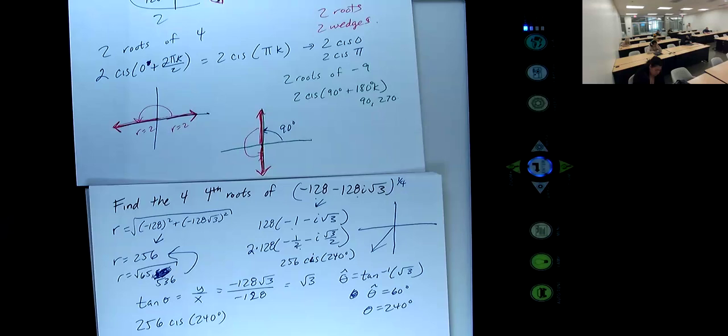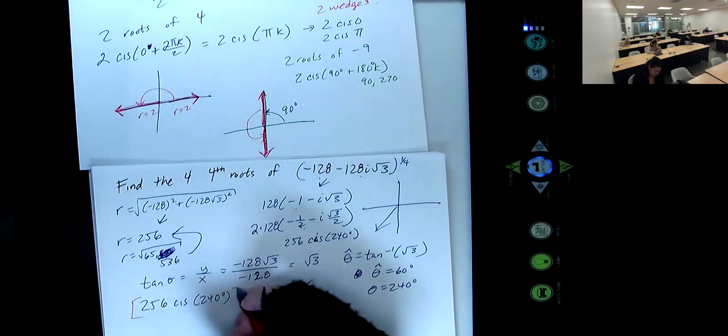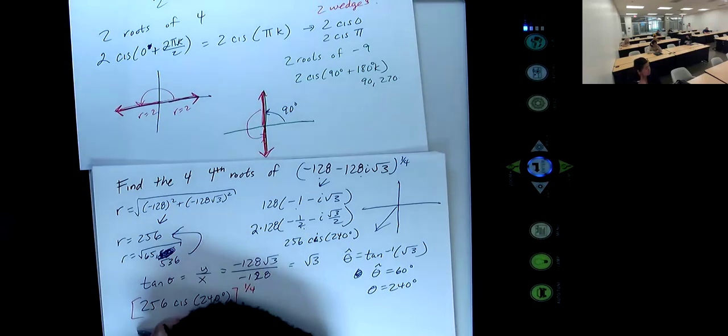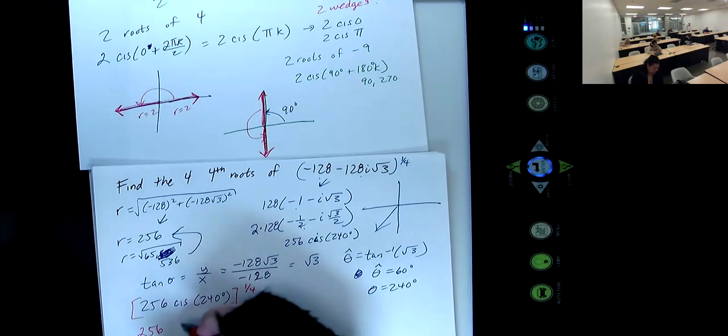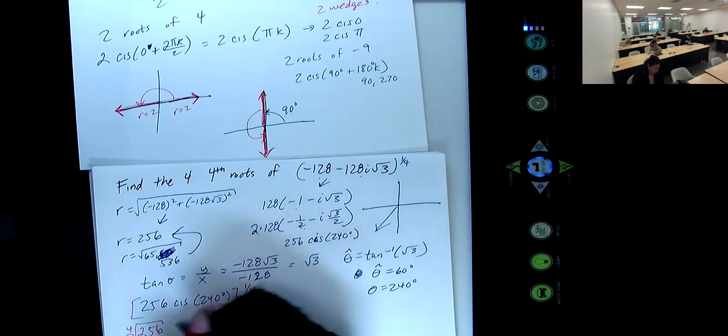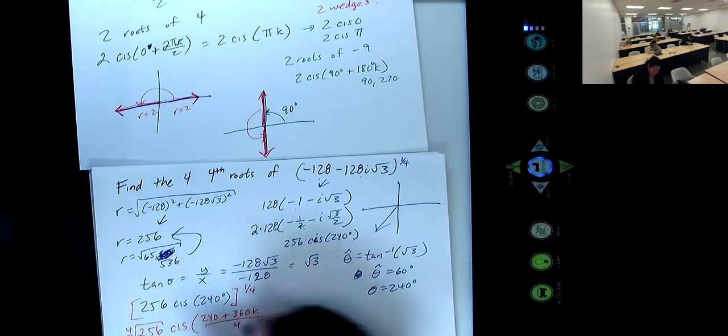That's what we're gonna put to the 1/4 power. So I'm gonna have 256, the fourth root of that, times cis of (240 plus 360k) over 4.